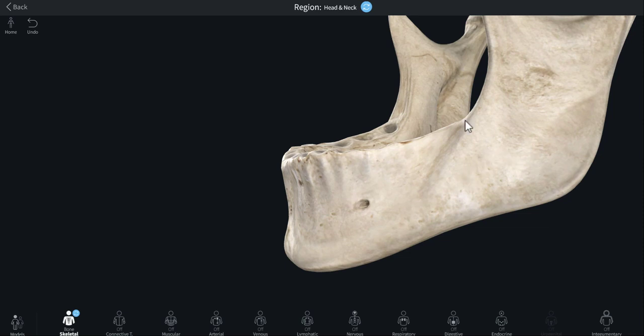Behind the oblique line, this part is related to the facial artery, the facial vein, that is the facial vessels, and another nerve. What is that nerve? That nerve is the facial nerve. Firstly, remember facial nerve, right? Then remember that it's not the facial nerve itself, it's actually a branch of the facial nerve.